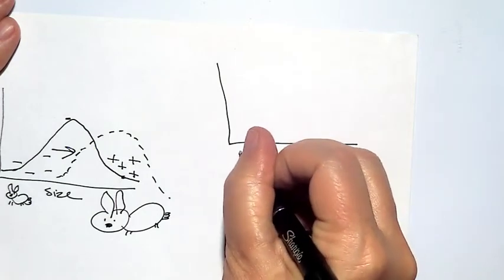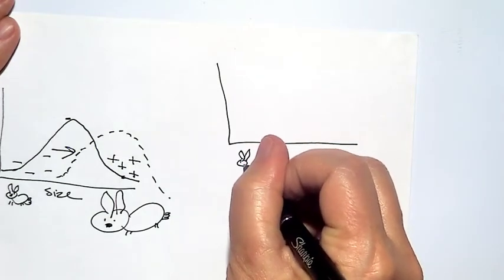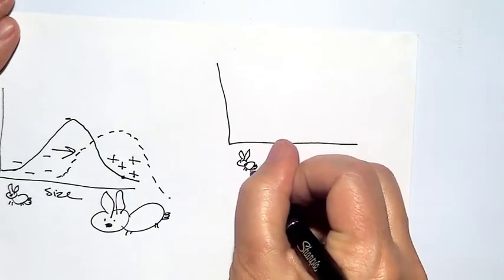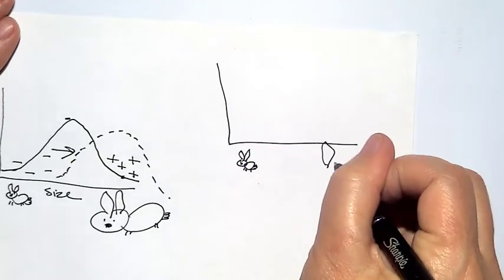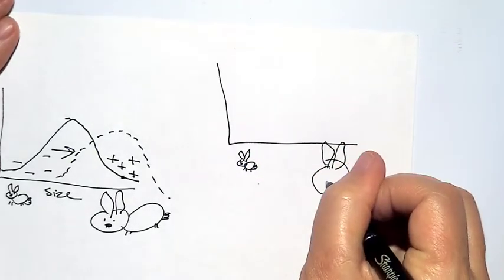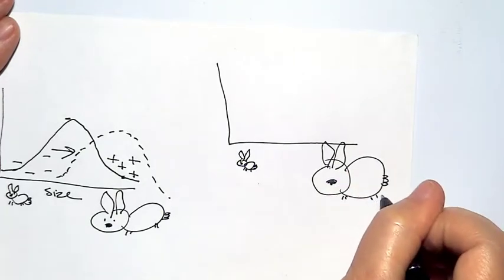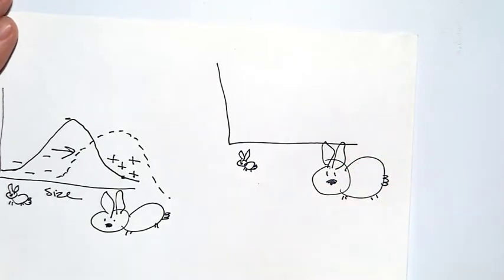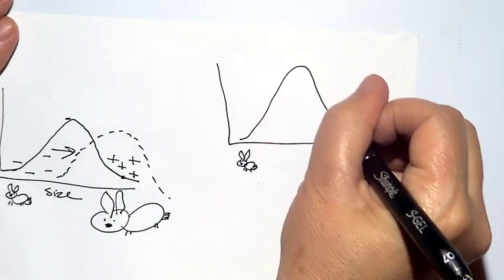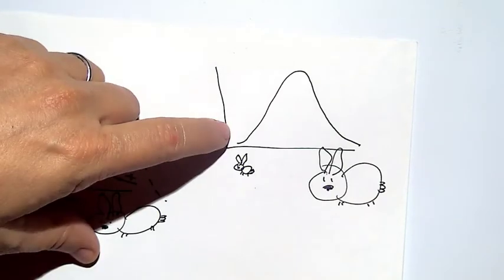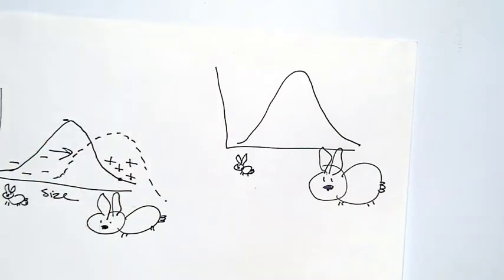We could have a situation where the most average trait is the most successful. That's the starting point. But let's say the extreme traits are least successful.